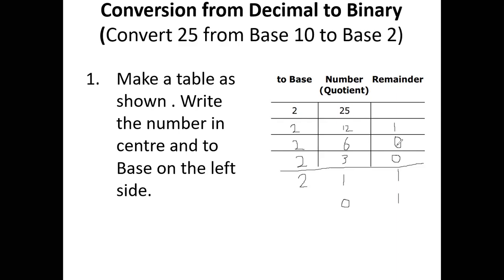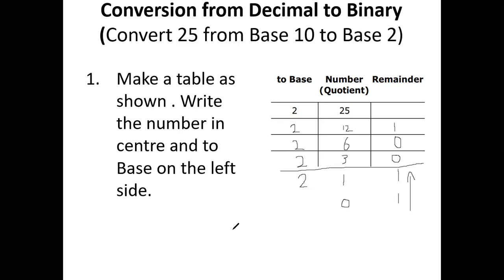Now, after you've done the division, the next part that you have to do is to read the numbers. When you're finished, you read the numbers from the bottom going up.